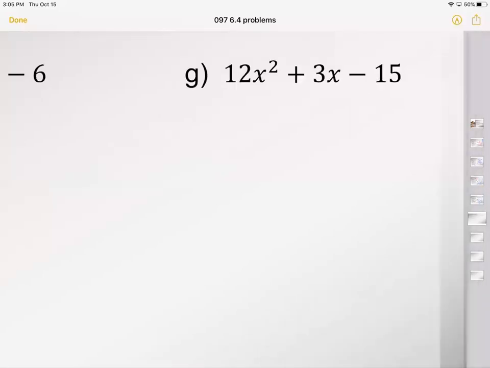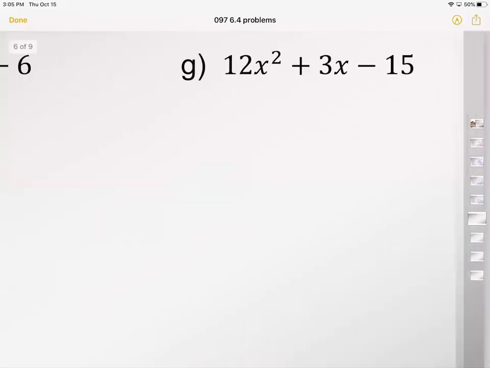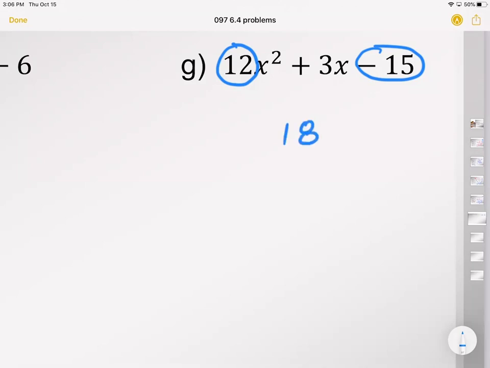If you look at problem G, and you take this number and multiply it to this number, 12 times 15, what do you get? Well, 12 times 15 is 180. And this is where the problem comes in.